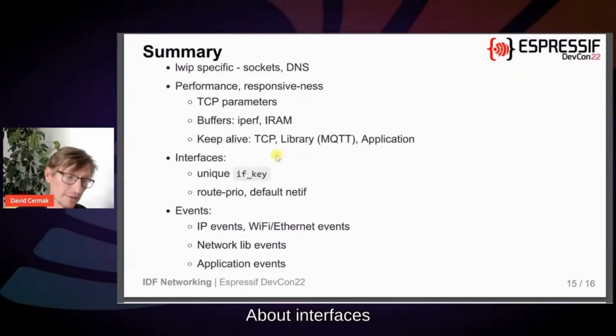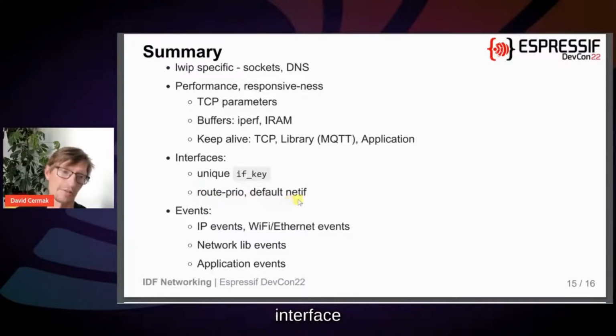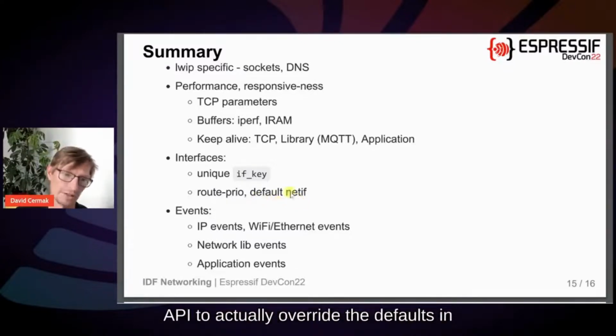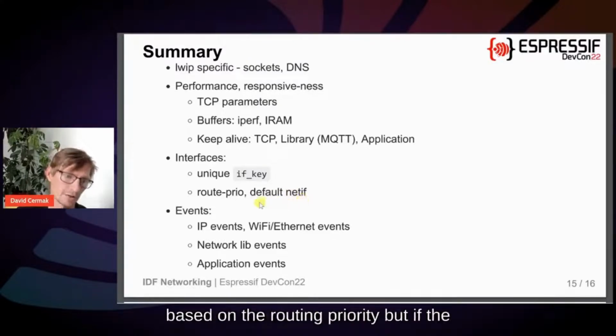About interfaces, we said that this interface key needs to be unique, and we need to be aware of the routing priority and the default network interface. In IDF now, the ESP NetIF provides an API to override the default NetIF and set it directly, so not based on the routing priority.